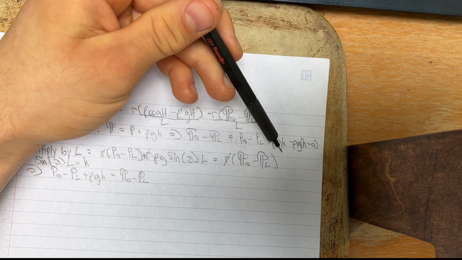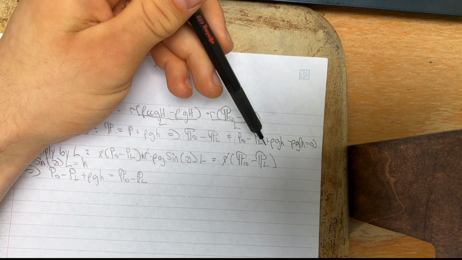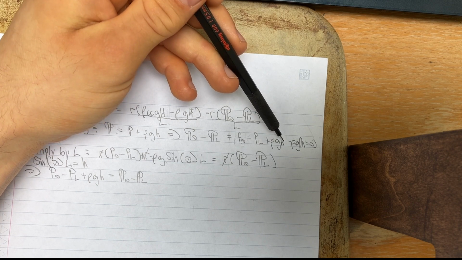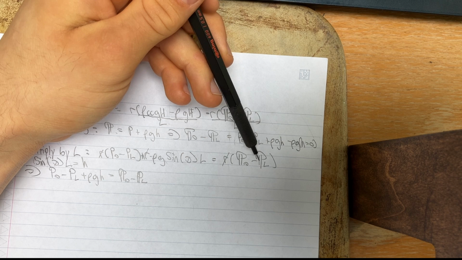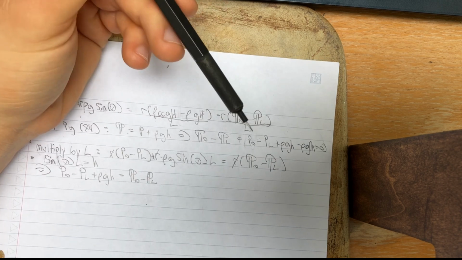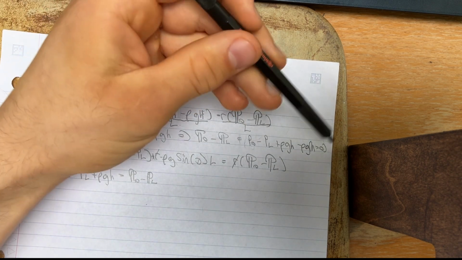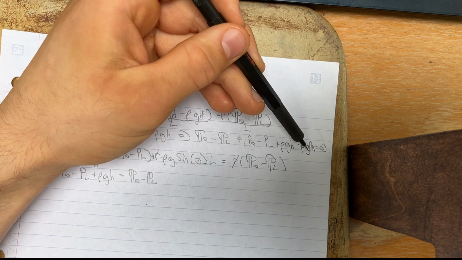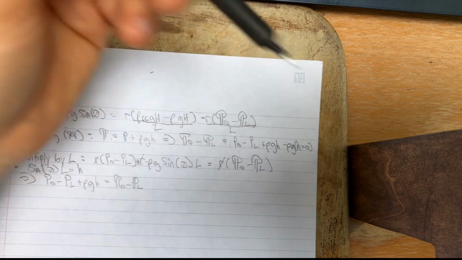You're subtracting one value from another, so it doesn't need to be absolute values. It can just be values that are the same distance from each other, and that distance is H. So minus rho g at H equals 0.